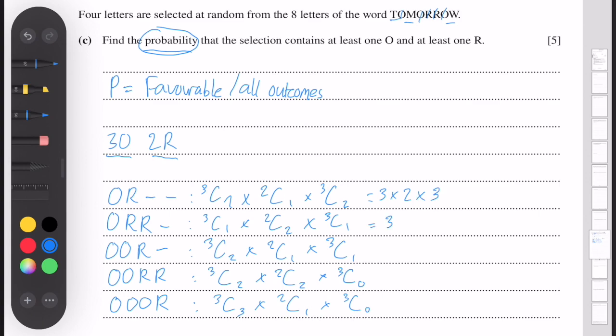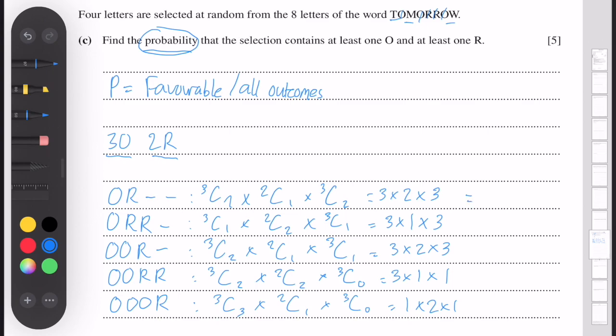Then we have 3 times 1 times 3. Then we have 3 times 2 times 3. And then we have 3 times 1 times 1. We have 1 times 2 times 1.